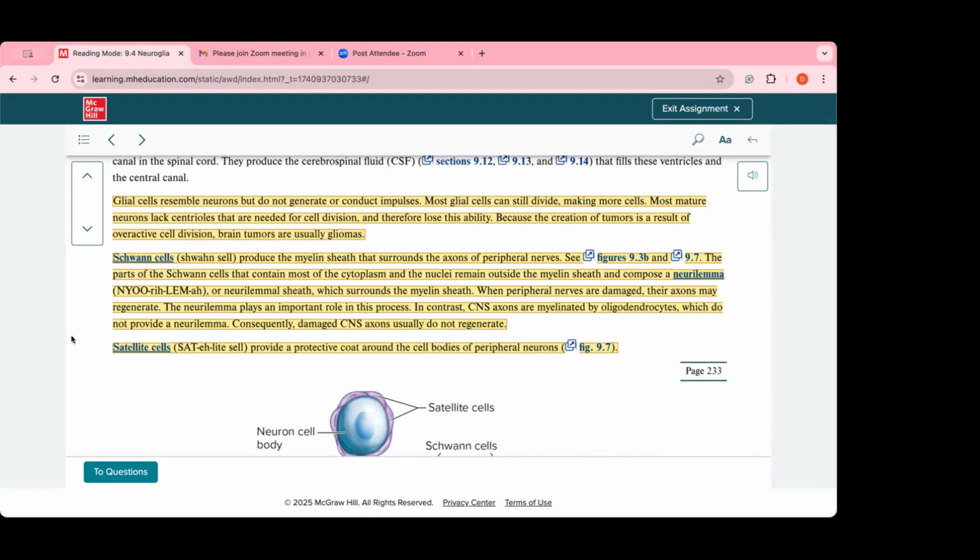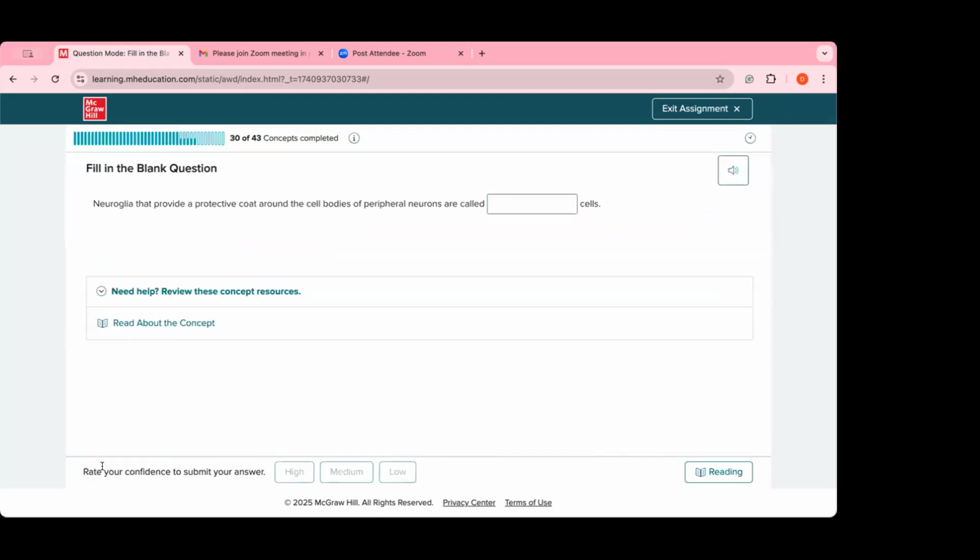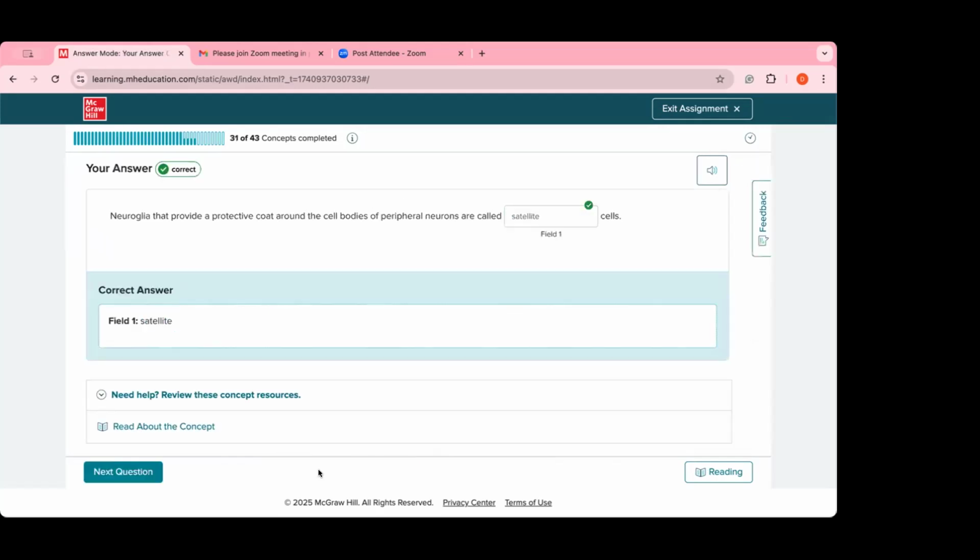So go to the question. Satellite cell. No, you have an extra letter in there. Satellite. So you need to remove, there you go.